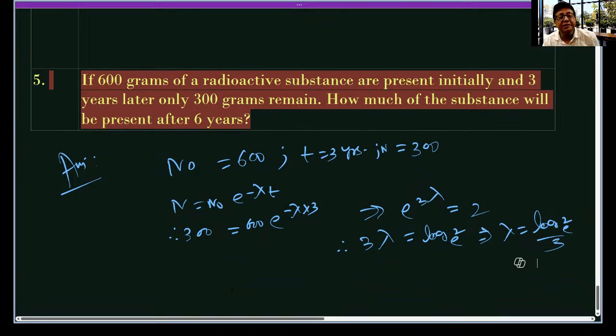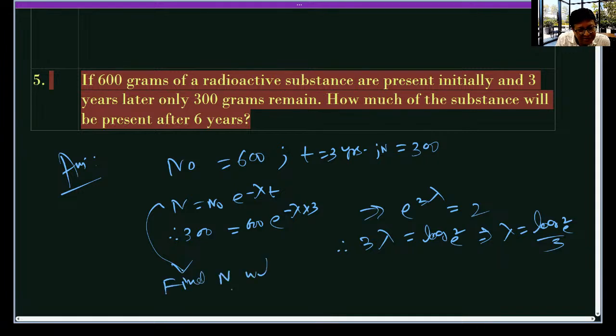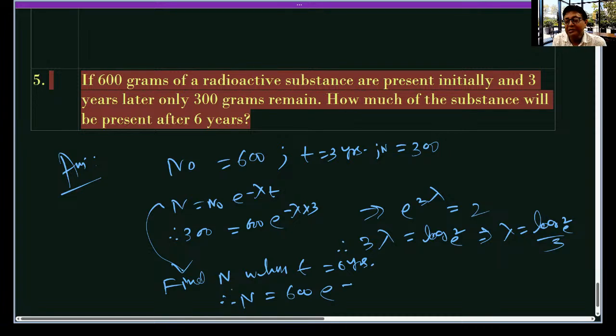Let's see what happened after 6 years. The same relation will be used. Find N when t equal to 6 years. So put it there. N equal to N0, N0 is what? Initial, 600, e to the power minus lambda.